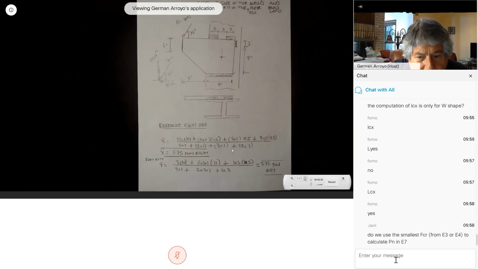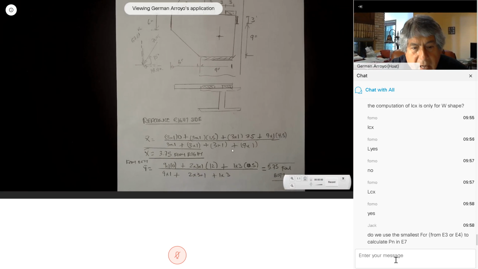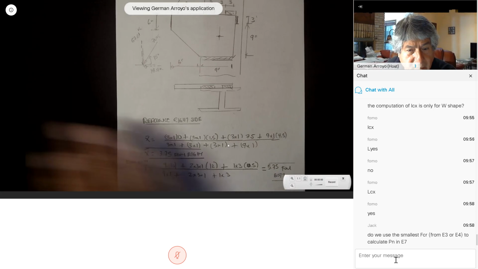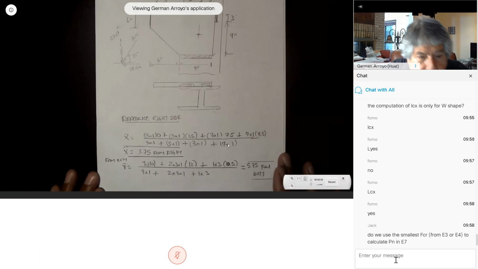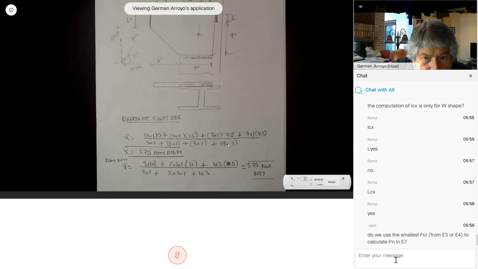So I have found in here, we refer to the right side. So my x bar, we refer to this side. And I started with this one.